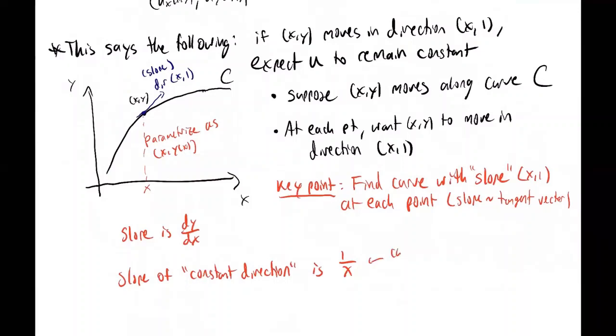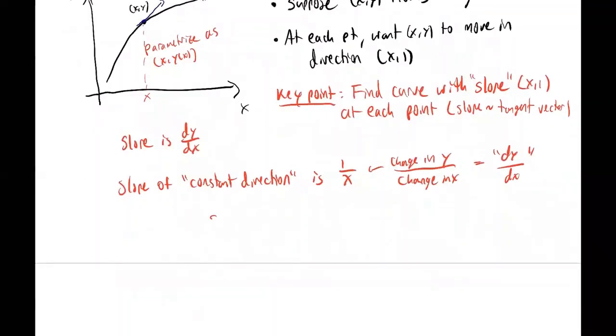This is change in y over change in x, which is the same thing as dy over dx in calculus notation. And so we would expect that whatever this curve is, dy/dx should be equal to 1 over x.